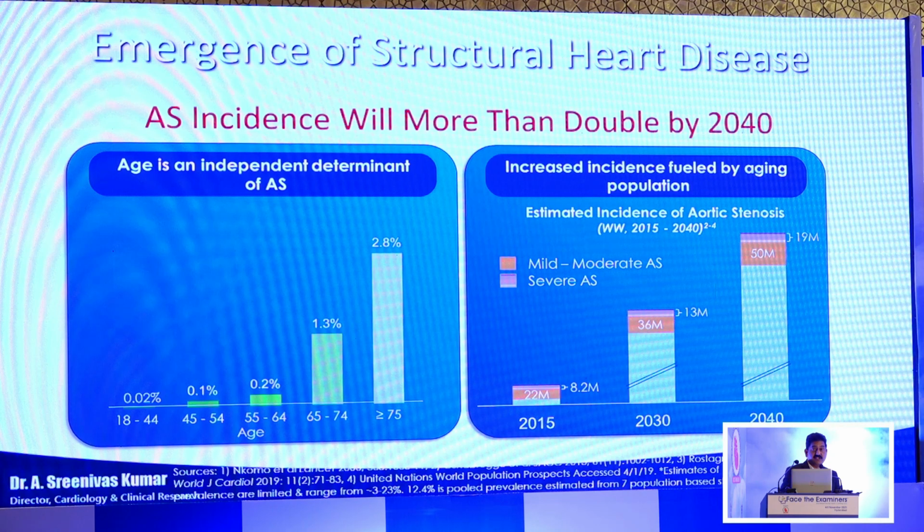Back to structural heart disease interventions, as we understand, with increasing age the incidence of aortic stenosis increases, and there are probably more aged populations in our country now. So these numbers will keep increasing.